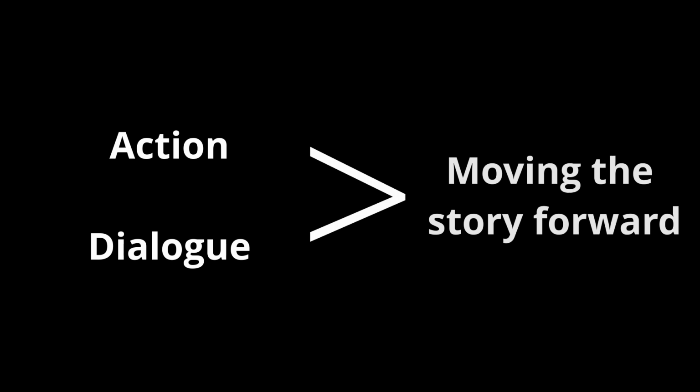We want the character to give us information by what they do, as well as by what they say. And the important thing about both of those is that what is happening, be it the words that are being said or the actions being taken, we have to think, how does this move our story on? How is this creating change in the world that we are developing?